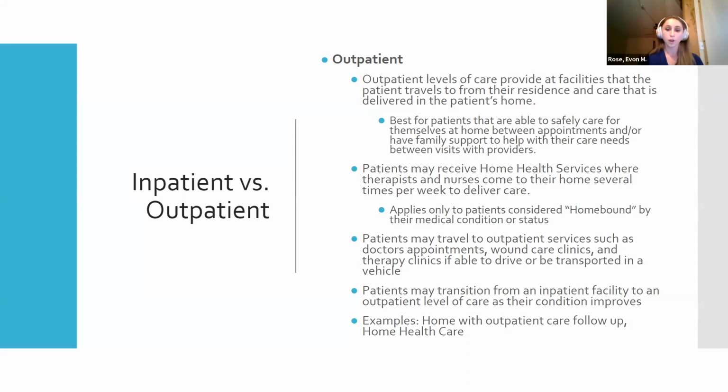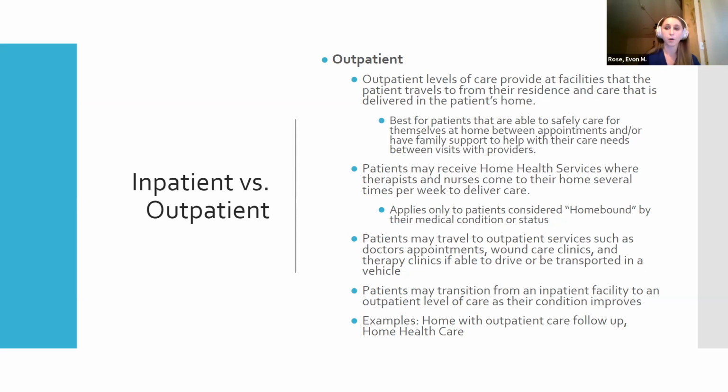Or they might be considered homebound, where they're considered medically unable to travel for anything other than doctor visits and church. So in this case, if they qualified for homebound status, then they could have medical professionals such as nursing and therapists come to their home a couple of times a week to deliver care.